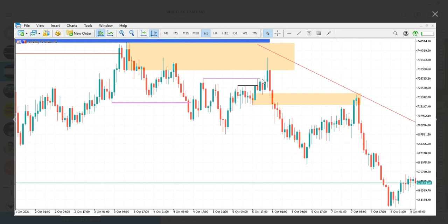So we have an equal high that was taken out by this move, and then we have a break of market structure before this equal high was formed. So this is the hidden order block here. This is one of the top secrets of the order block. I don't know if your mentor has told you this before.